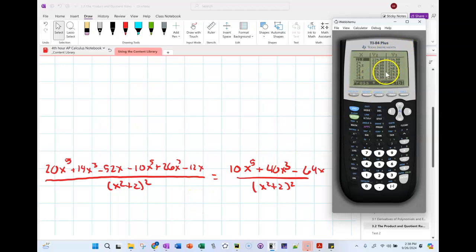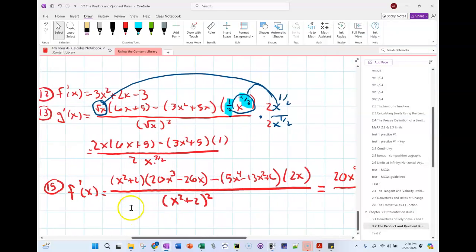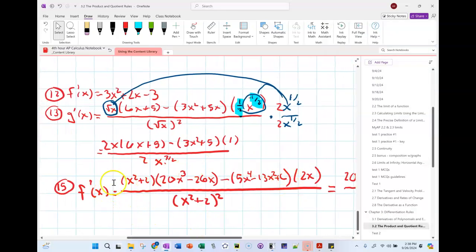Now let's say that the y2 ended up being wrong, right? The thing that I got as my answer is wrong. The first thing I would do is try typing in my unsimplified answer to see if the mistake was when I took the derivative or when I did the simplifying.